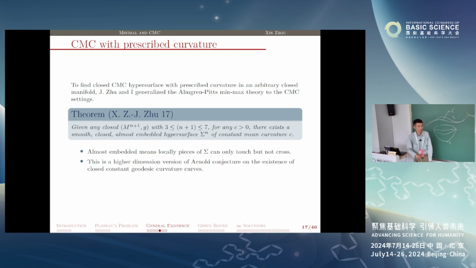A particle moving in such a magnetic field goes through so-called magnetic geodesics. Magnetic geodesics are nothing fancy but curves with constant geodesic curvature. Well, this conjecture is still open, but we were able to solve a higher dimensional version of that. Well, if you compare the Almgren-Pitts theorem with geodesics, that's kind of different. Almgren-Pitts was motivated by the existence of closed geodesics on surfaces. I'll also go back to this later.